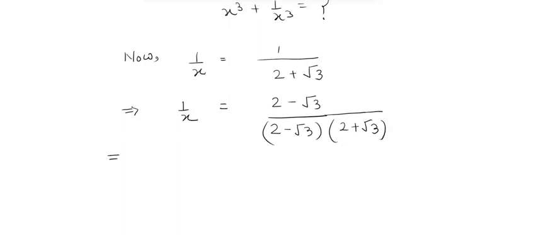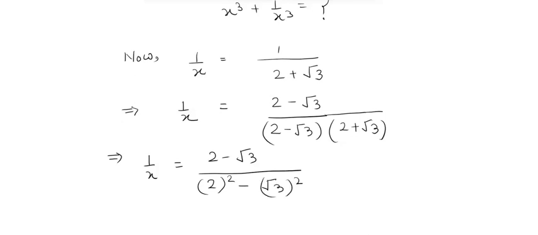Now 1 by x is equal to 2 minus square root 3 divided by, here apply identity a minus b, a plus b. So we will get 2 square minus square root 3 whole square, using identity a square minus b square is equal to a plus b, a minus b.